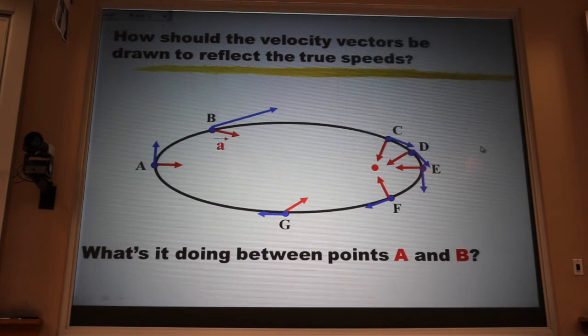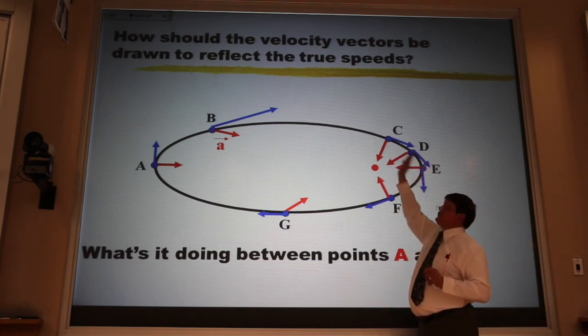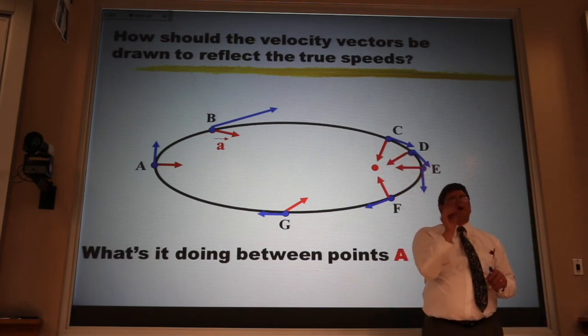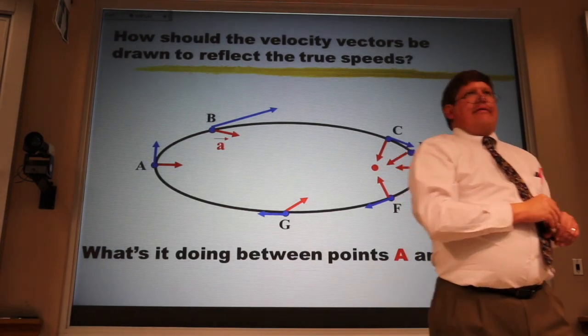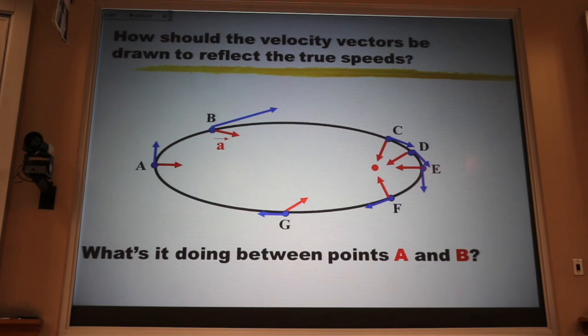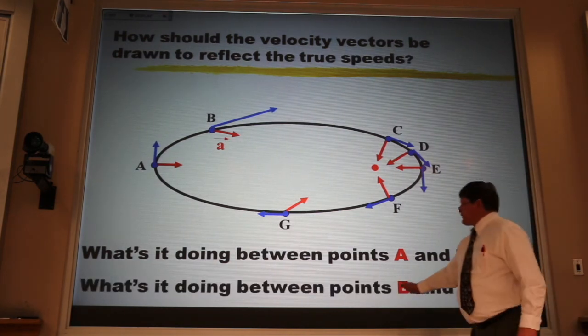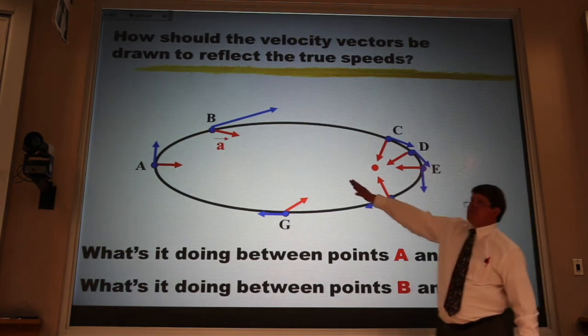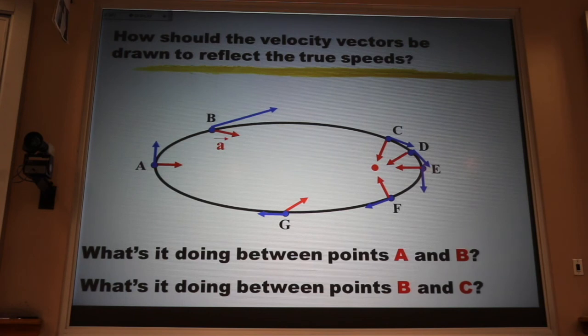Now, folks, at C, the angle is 90 degrees, indicating at C, it is not speeding up, it is not slowing down. However, that's not important. What's important is what's been happening all the time from B to C. What was it doing during that time?